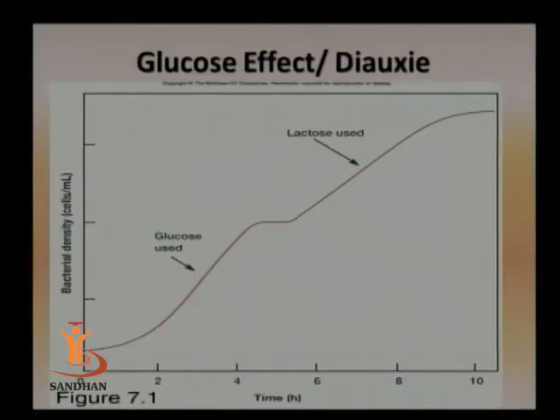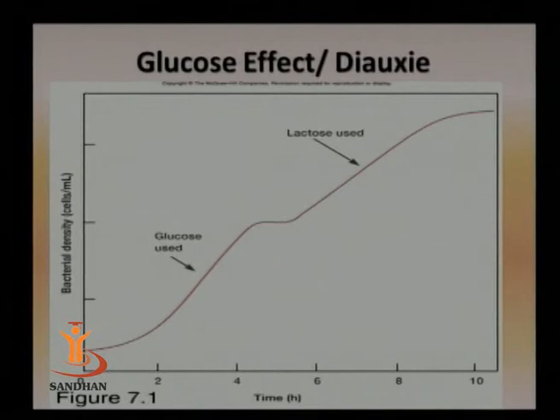In the presence of glucose and lactose, when the culture is fed with both sugars, usually glucose is utilized preferentially first and lactose will be utilized later on. This phenomenon is known as the glucose effect, or the diauxic growth curve.